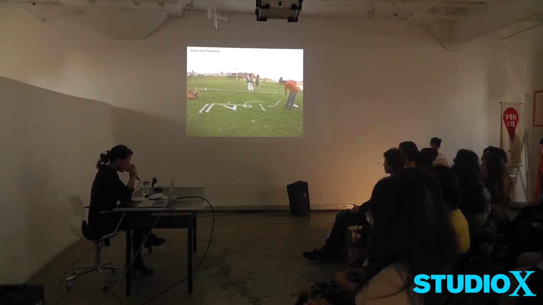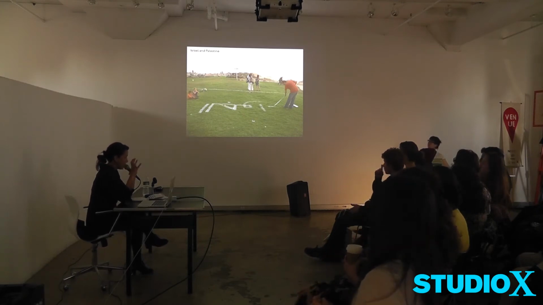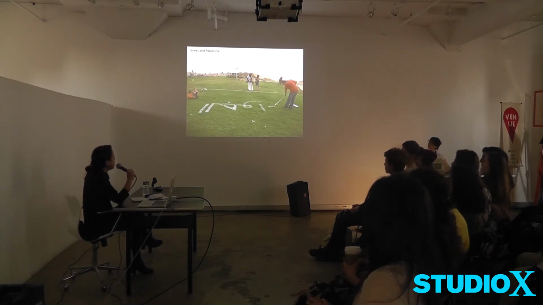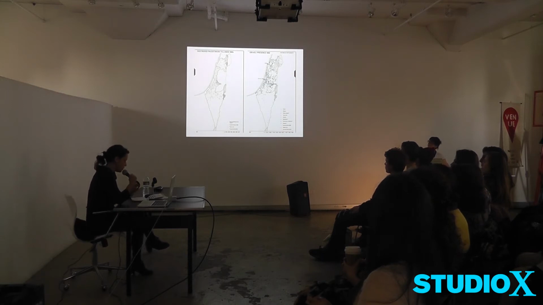So using the atlas as a format was a challenge because I didn't have one nation that I wanted to show. I had two nations. So I decided to simply document Israel next to Palestine, and occasionally to document them on top of each other.